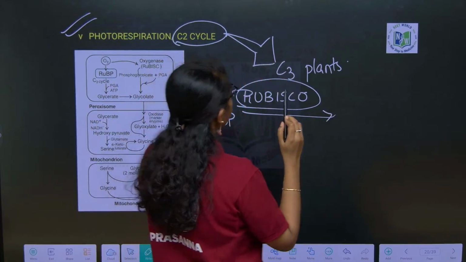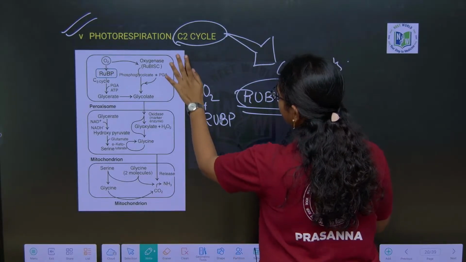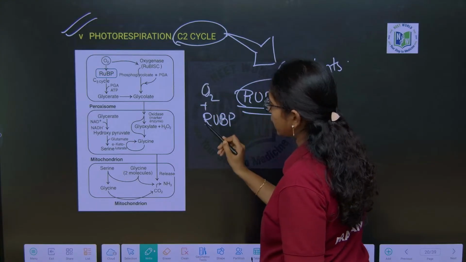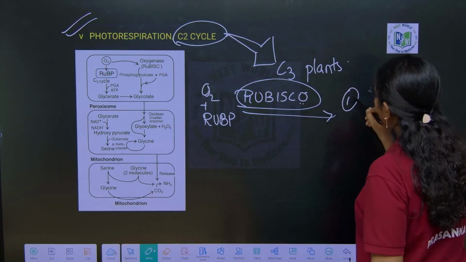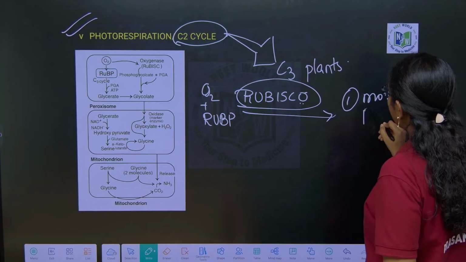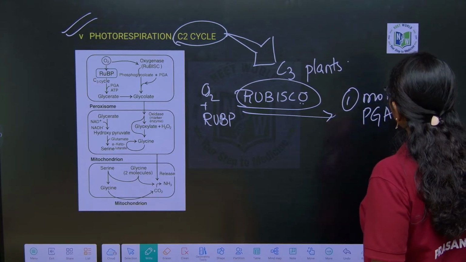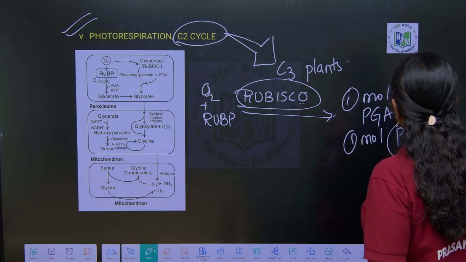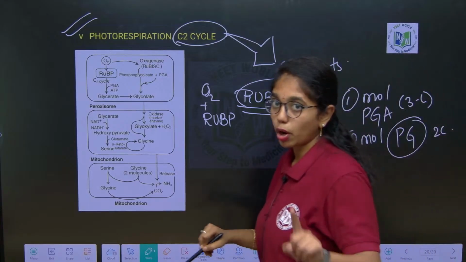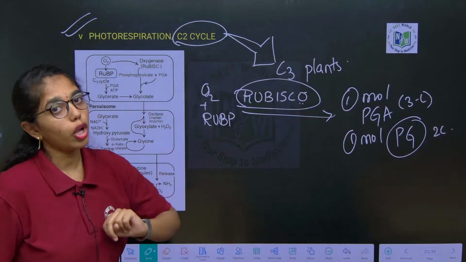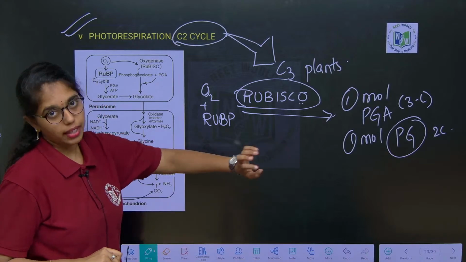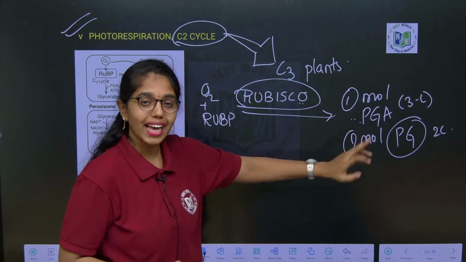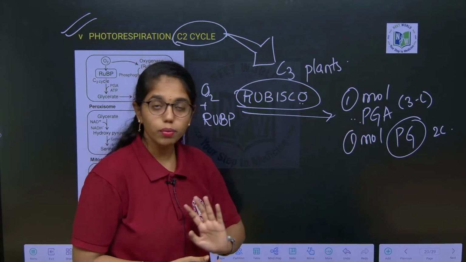This is Rubisco whenever it is binding with oxygen. Whenever carbon dioxide is not there and only oxygen is present, at that time one molecule of phosphoglyceric acid, which is 3 carbon, and one molecule of phosphoglycolate, that is 2 carbon, are formed. So with one molecule of phosphoglyceric acid, the C3 cycle will not be continued.